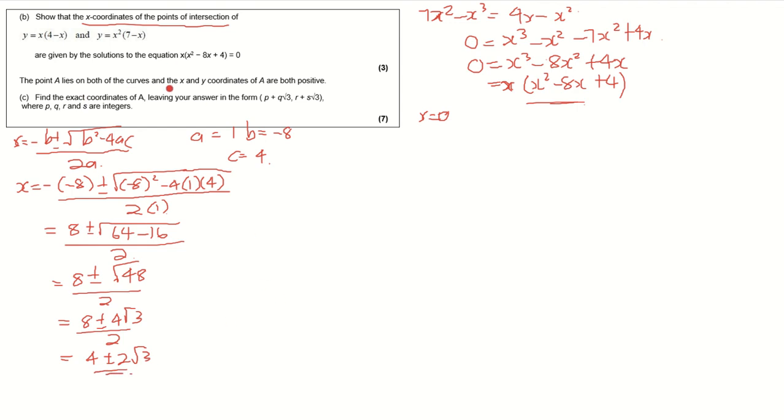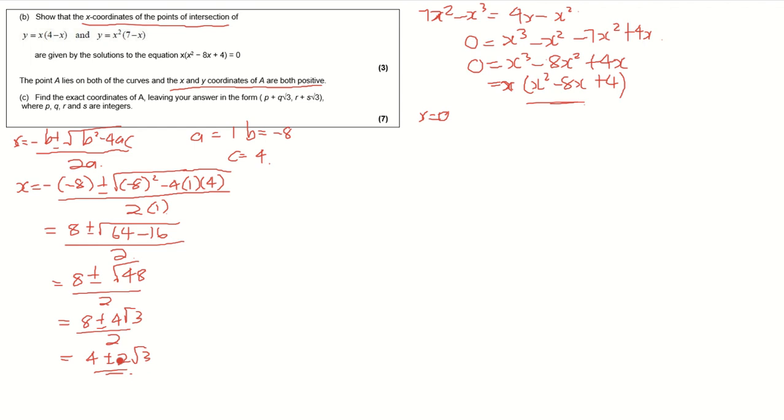If you read the question, it says point A lies on both of the curves and x and y are positive. So you only take the positive value. 4 plus 2 root 3 is definitely positive, but is 4 minus 2 root 3 positive? If you take a calculator, it gives a positive value, but it's a very small number.